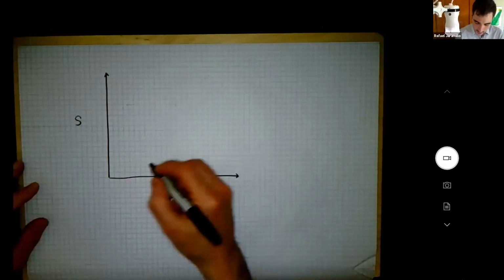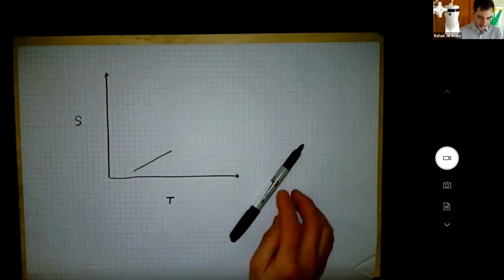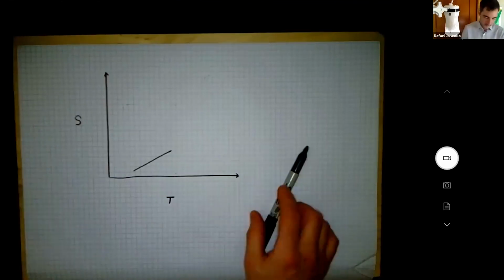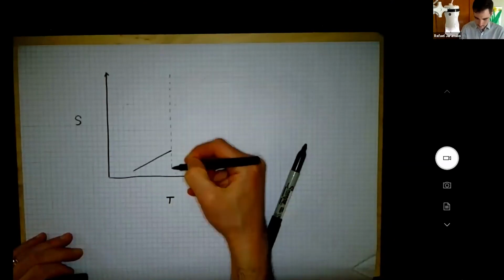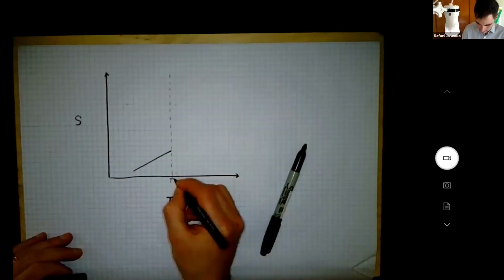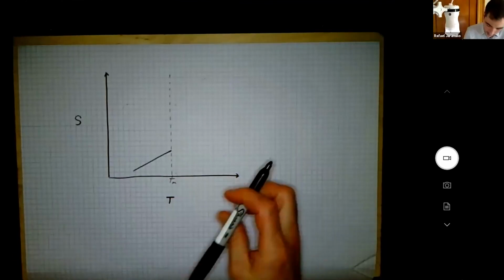S versus T, it's like this, until we reach the melting point. So this is phase one.